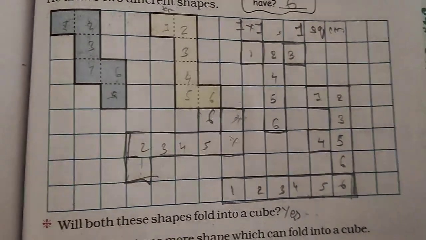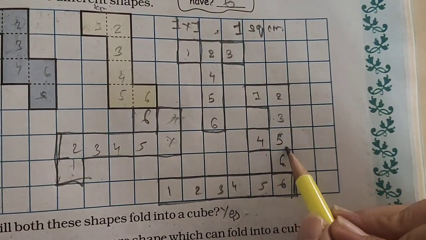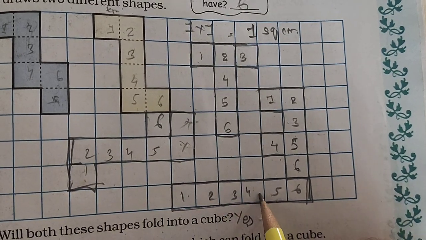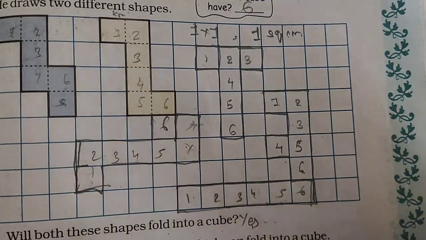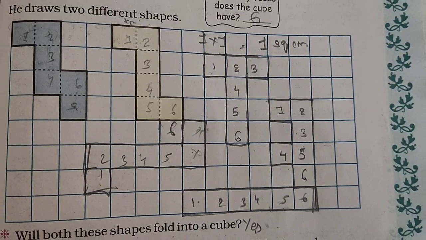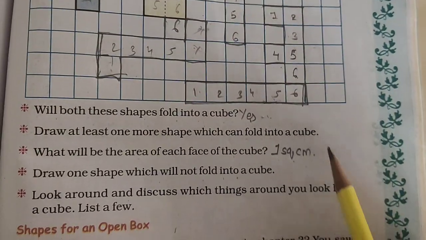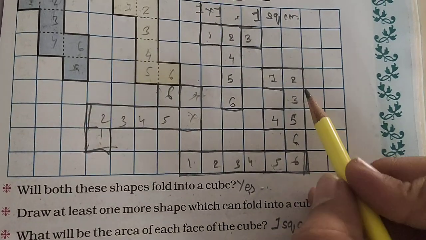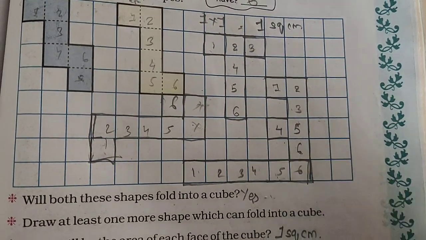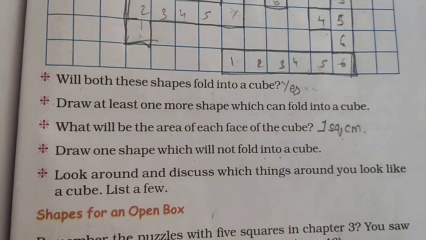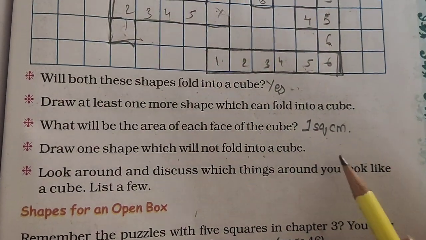Understood students? This one is more easy. 1, 2, 3, 4, 5, 6. A square 6 layout we have drawn, and by this we will not be able to make a cube. Understood? Okay, so these also we have drawn.